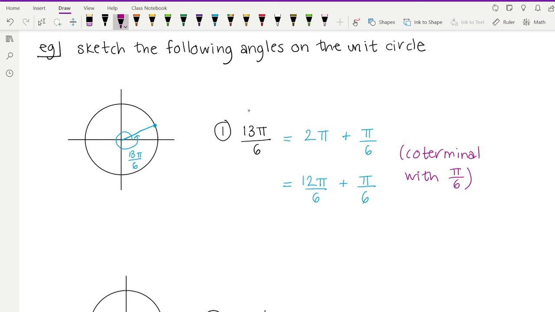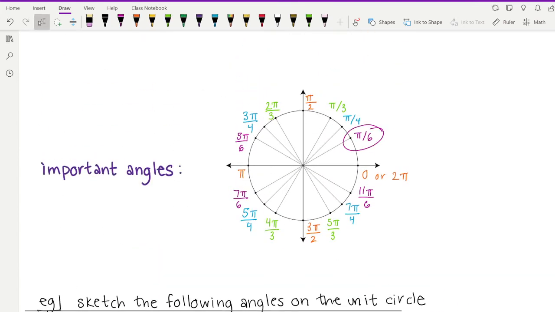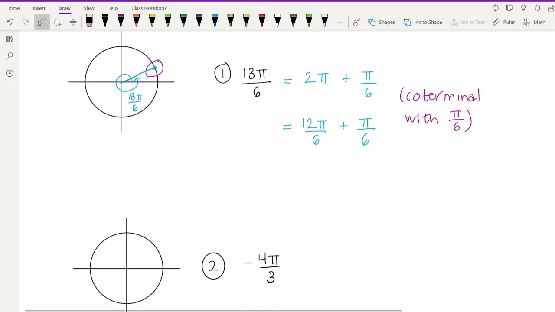And importantly, it has the same terminal point, right? The terminal point here is the same as the terminal point here because it's on the same part of the unit circle.